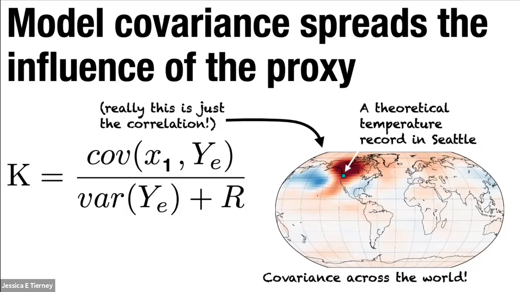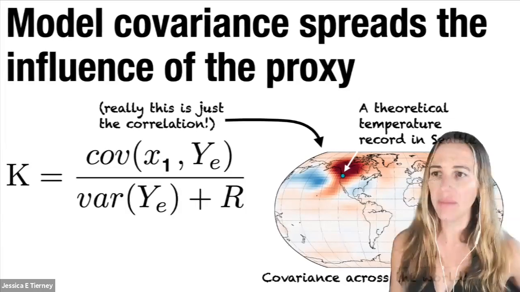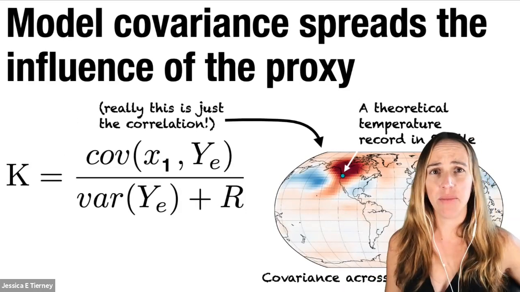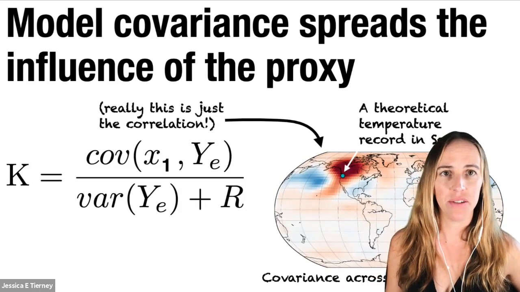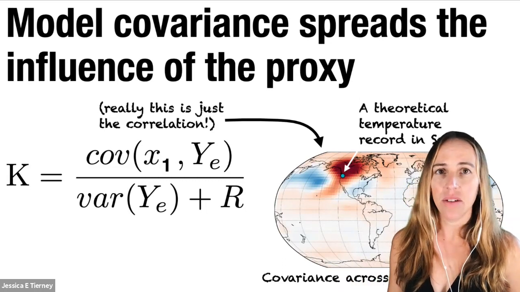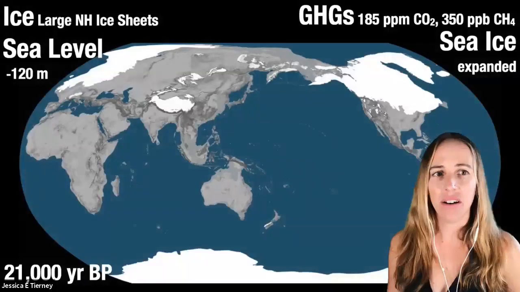In this hypothetical case, you could see a temperature record in Seattle would inform on temperatures across most of Canada in a positive sense, and potentially in a negative sense across the North Pacific. So this is really key because it allows the proxy in one place to inform climate elsewhere. Okay, so this is the math of how DA works.